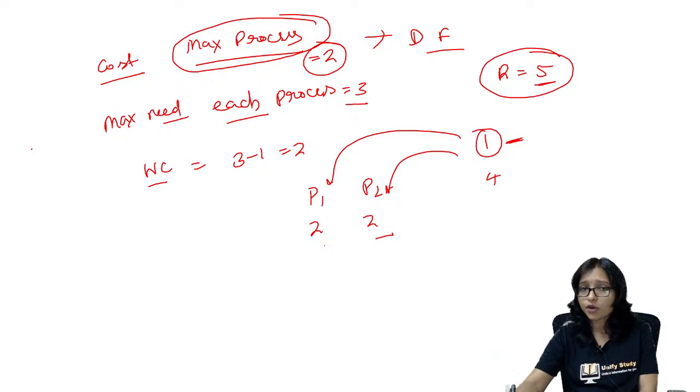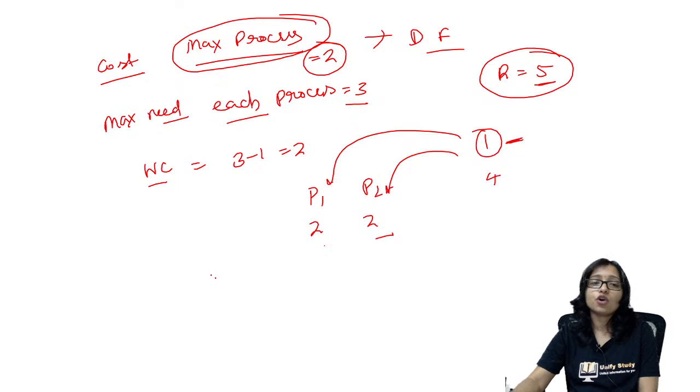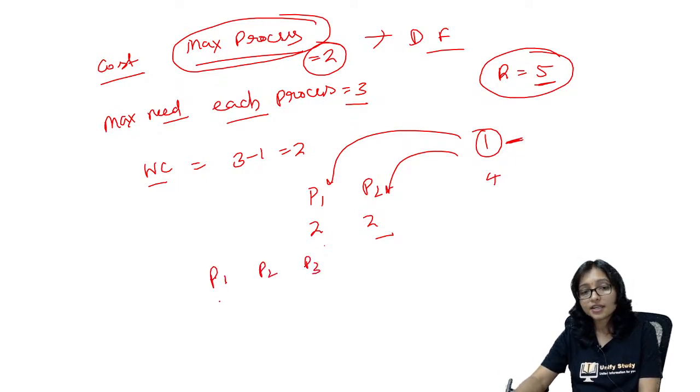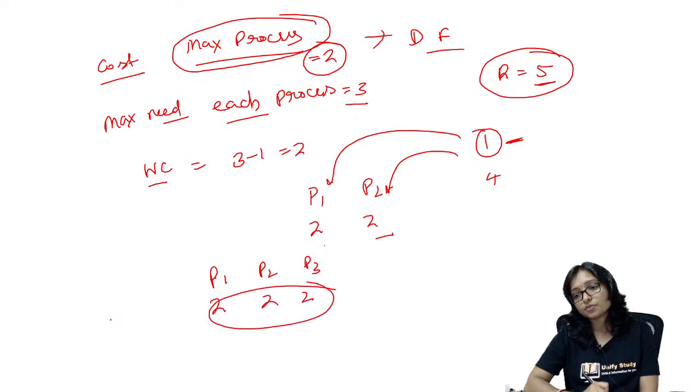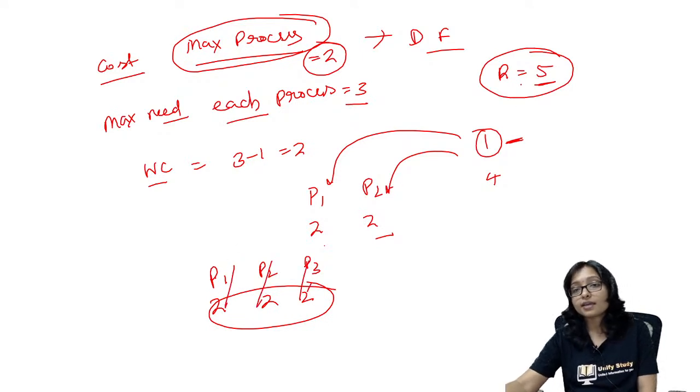Can I do 3 processes? No, I cannot, because here P1, P2, P3, if I am adding 3 processes, 2, 2, 2, they require 6, it is not possible. So always our target will be, whatever resource is given, do the number of resources minus 1.